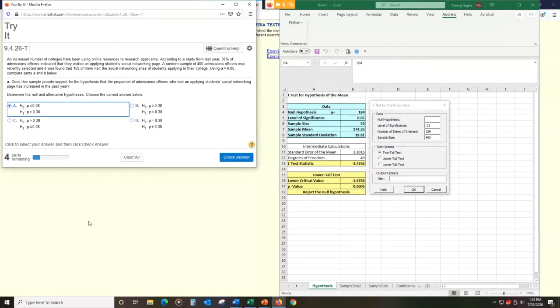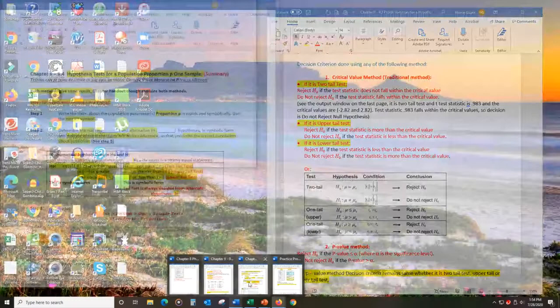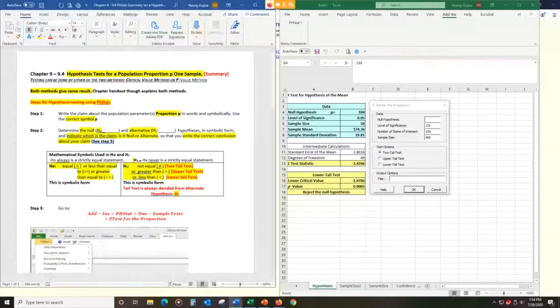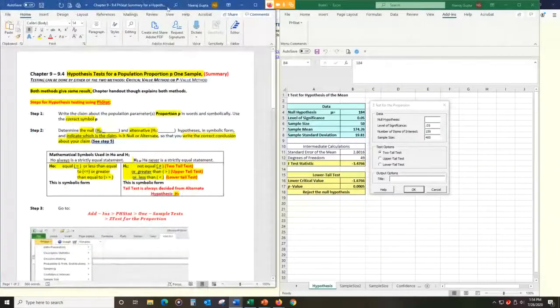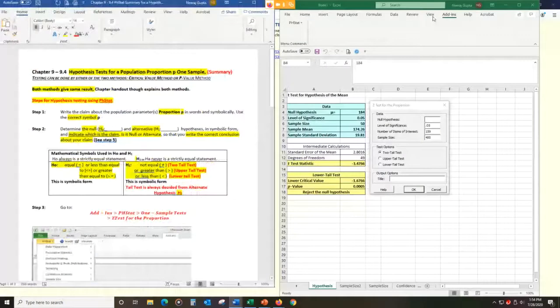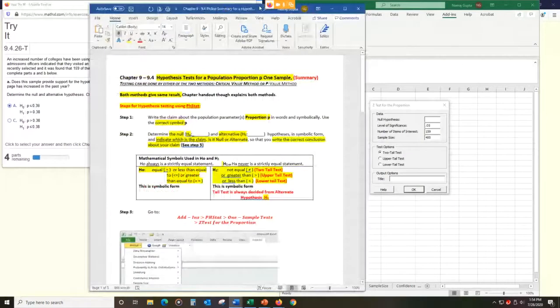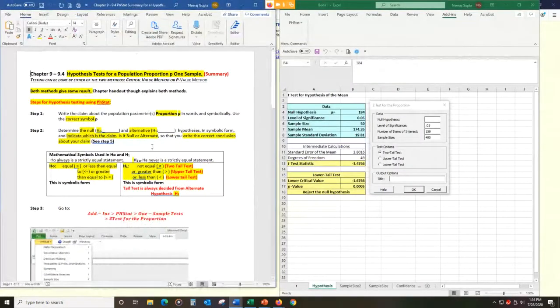Since it is strict greater than, where does strict greater than come?